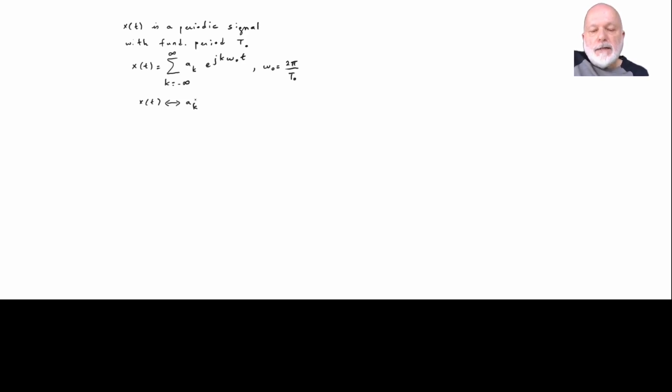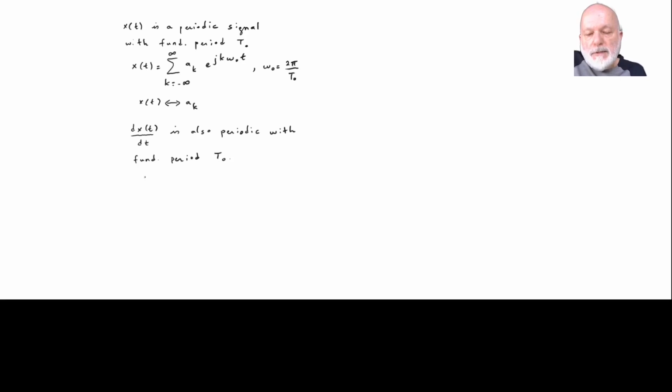Now, what can we say about the derivative of x of t? The derivative of x of t with respect to t is also periodic. It is easy to see this, with also the same fundamental period, capital T0.